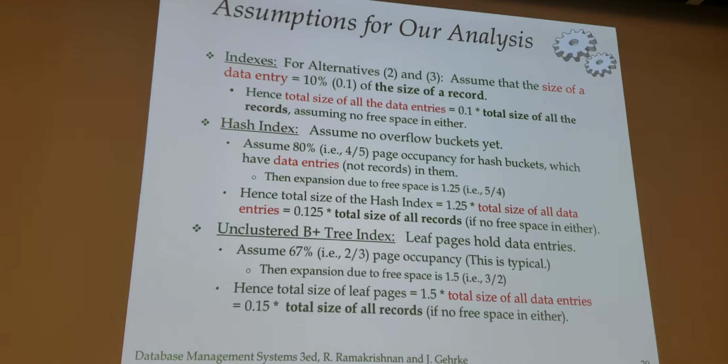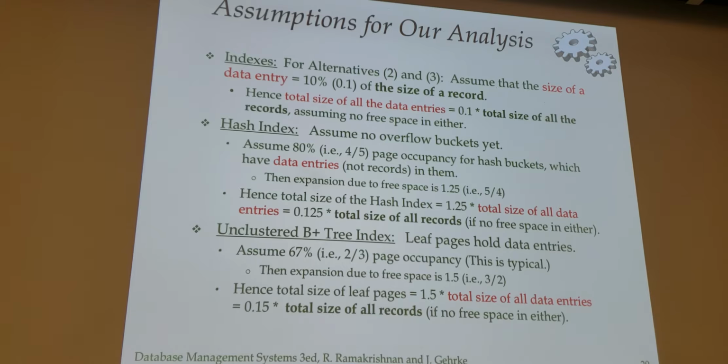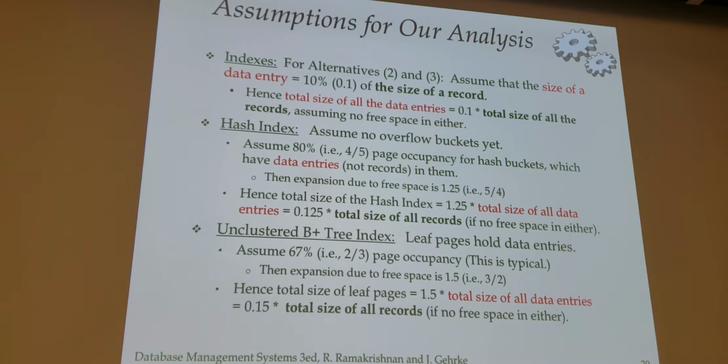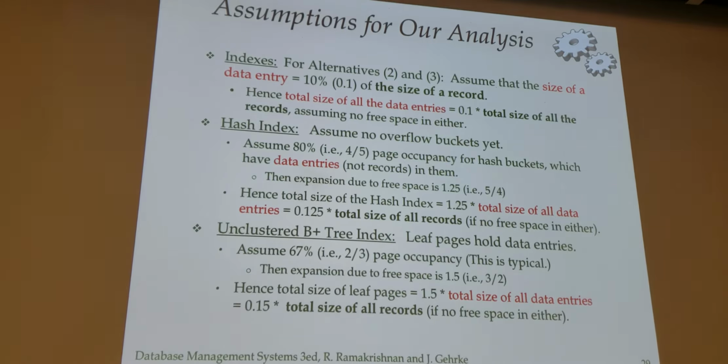In the case of the hash index, we'll assume we don't have any overflow buckets, that everything is inside the hash table with no overflow buckets. And we'll assume that 4/5 of the page is occupied. So there's still 1/5 free space inside these hash buckets. So they're 80% full, which means we have 1.25 times the amount of space we would have if everything was jammed together with no free space.